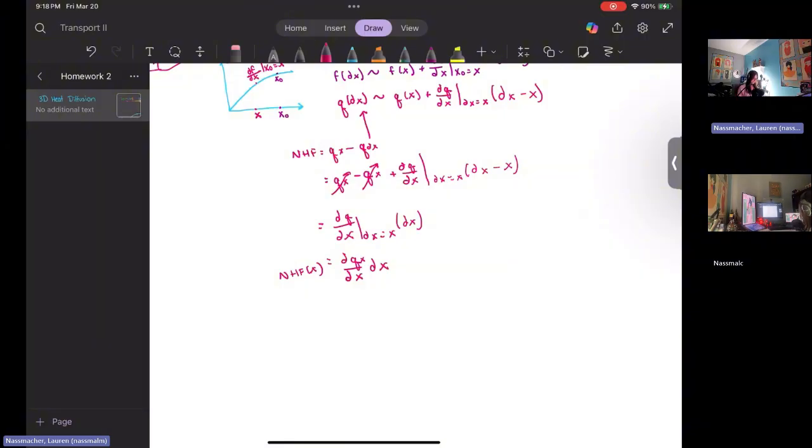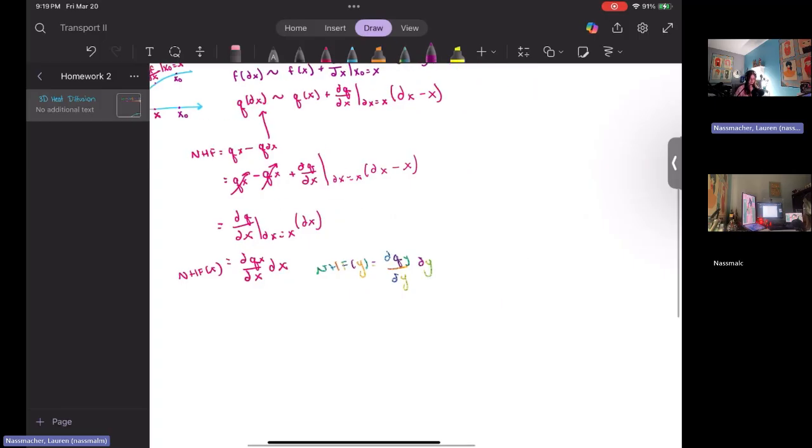For y, it's the exact same equation, substituting y in for x, and it's derived the exact same way. I'm just not going to do it because it's a long process and there's no necessary reason to, because I already did it.